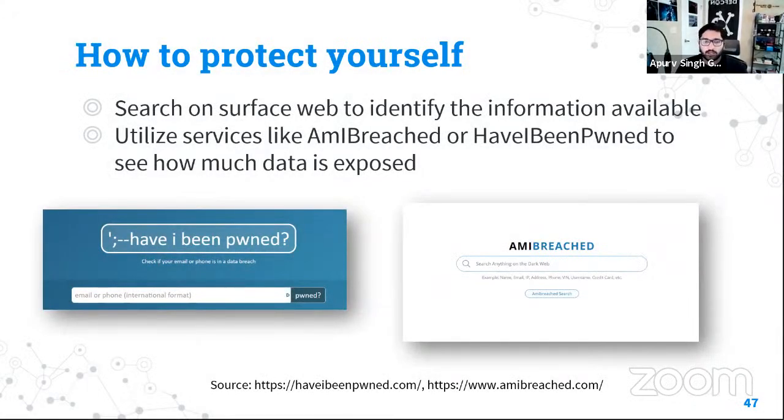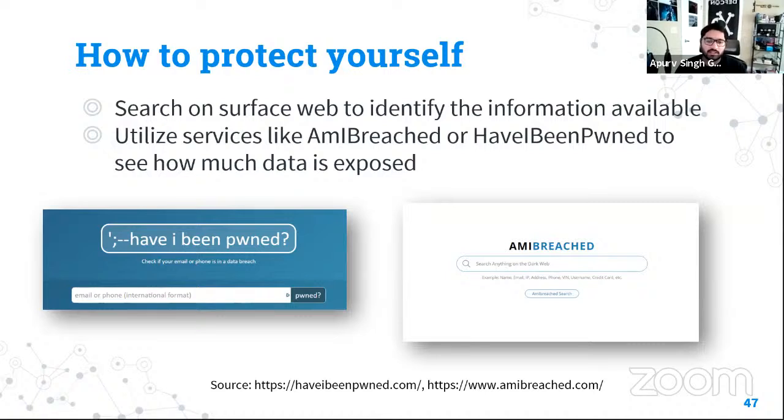Now, let's say you know that a lot of your credentials are already on the dark web, how can you protect yourself? You can use two really great sites, Have I Been Pwned and Am I Breached, that can tell you what email and data you have on the web. With Have I Been Pwned, you can check email and phone. With Am I Breached, you can check credit card, email, address, phone number, everything.